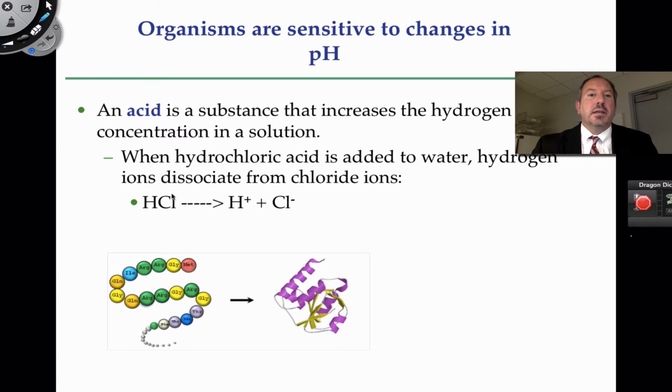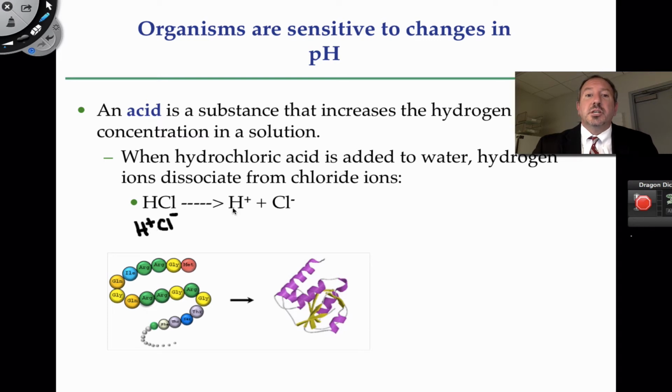An example of a solute that can be added to water to affect its pH is HCl, sometimes called hydrochloric acid, as you may know. It turns out that it's held together by an ionic bond. So when you put it into water as a solute, it dissolves, water being the solvent.